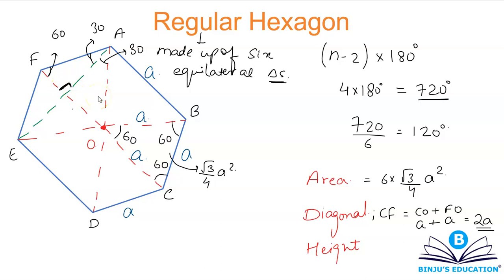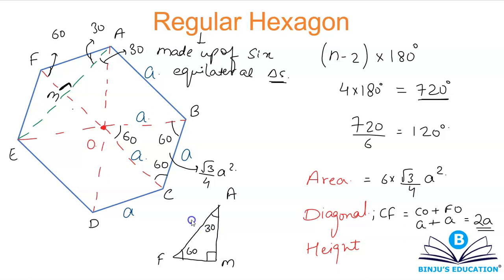Let me name this point M. I'm going to take this AMF outside. So AMF will be something like this. In AMF, this here is 60, this is 90, and this here is 30.